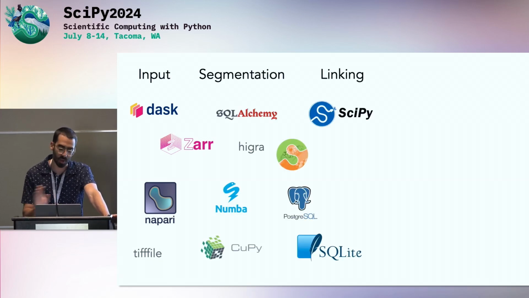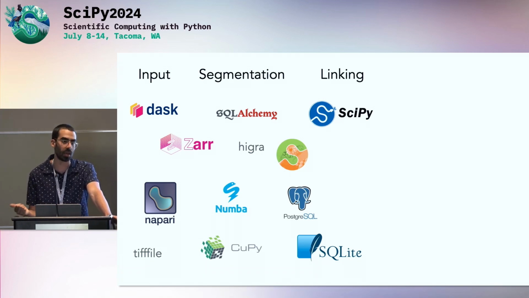For segmentation, we use Higra, which I think is the main core for the hierarchical clustering we do. But we wrote Numba and CuPy code. For the out-of-memory storage of the data, to be able to process in the cluster, or even large data sets on the laptop, we use SQLAlchemy, SQLite and PostgreSQL.